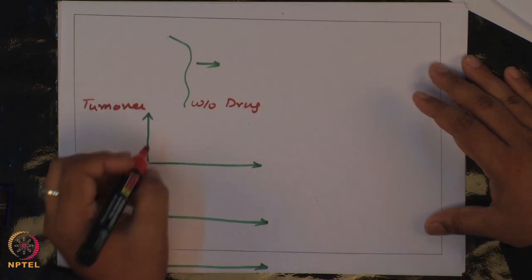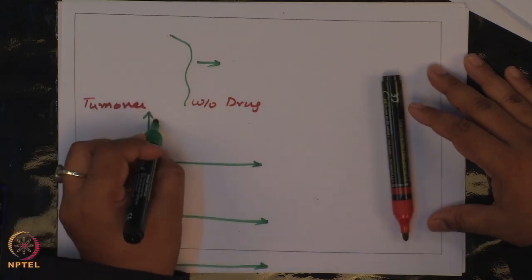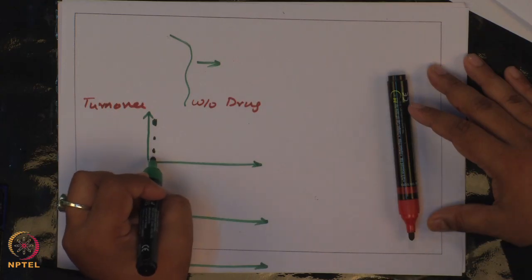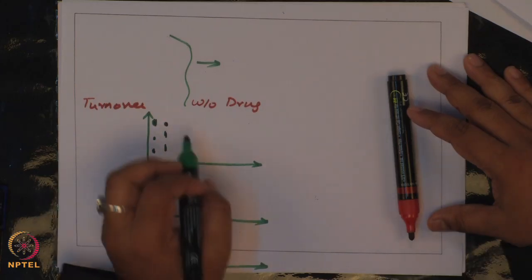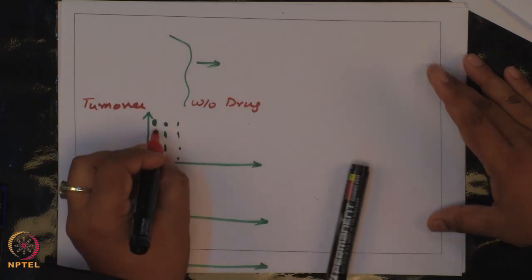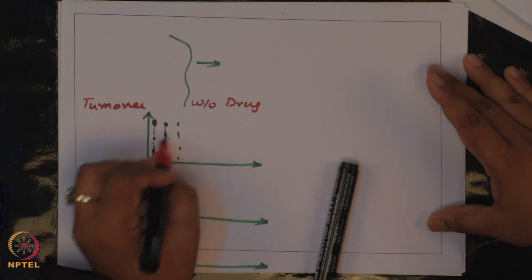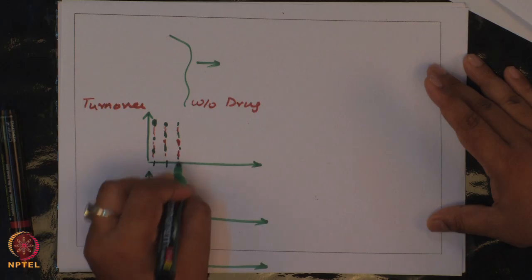As per our previous color schemes, you will have these zones as green, and these other zones, let us say, are red. These are different time snaps.